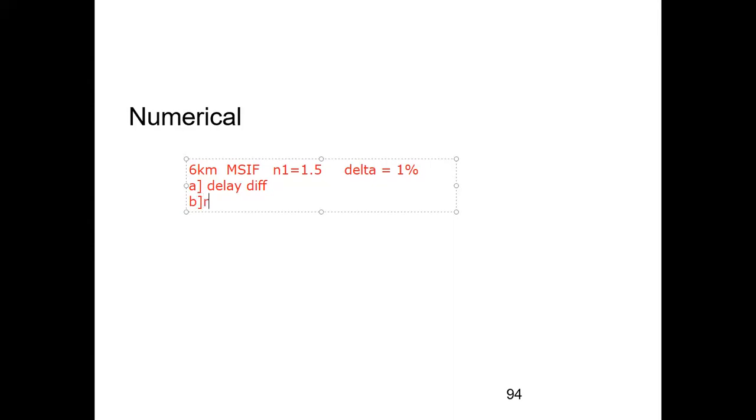The second part, B, is the RMS pulse broadening due to intermodal dispersion.